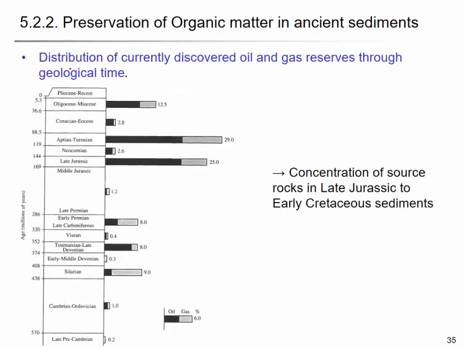So if you look at the distribution of the currently discovered oil and gas reserves through the geologic time, late Jurassic here, right? And here. So there is a concentration of the source rock in the late Jurassic to the early Cretaceous sediment. This is a very important fact, that we found many source rocks of the hydrocarbon in this particular area.